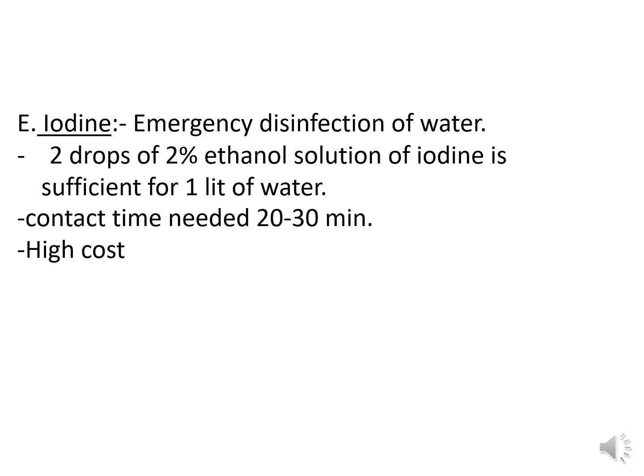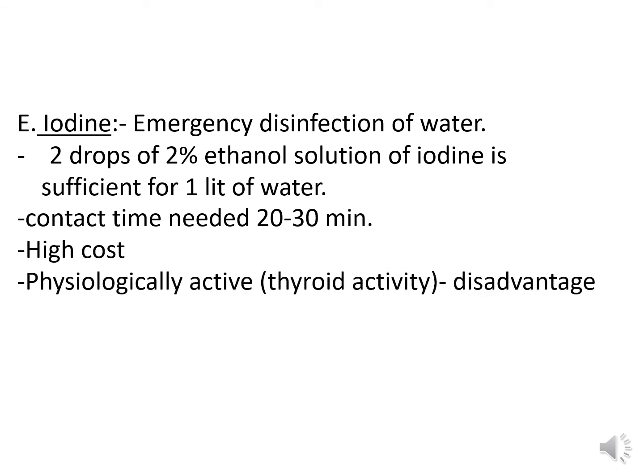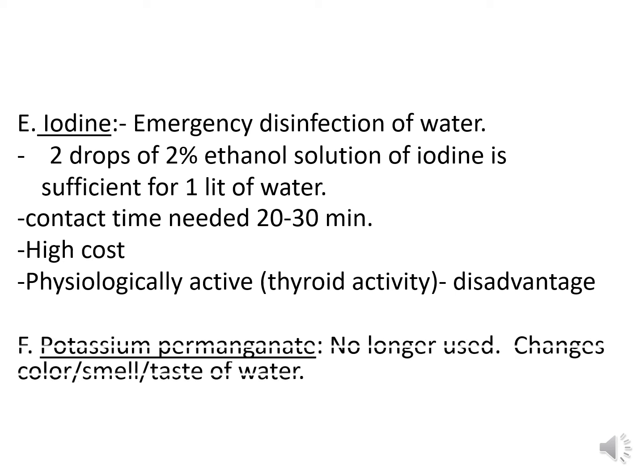But however, it is expensive and it is also physiologically active, which leads to hypothyroidism. As a result, this is one of the disadvantages. Then we can use potassium permanganate, which is no longer used because it changes the color, smell and taste of water.